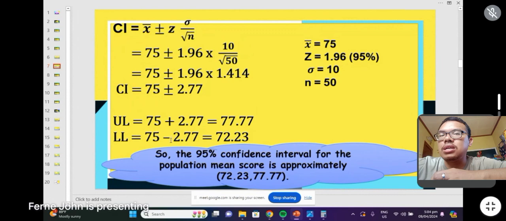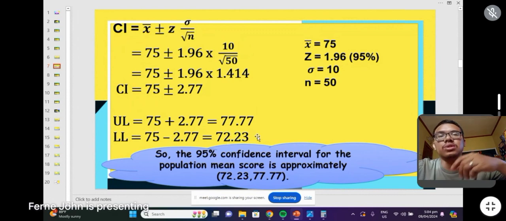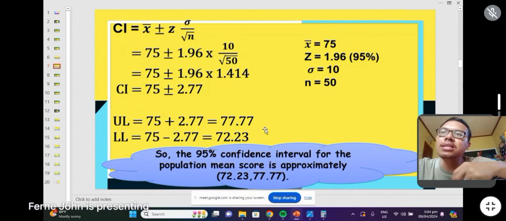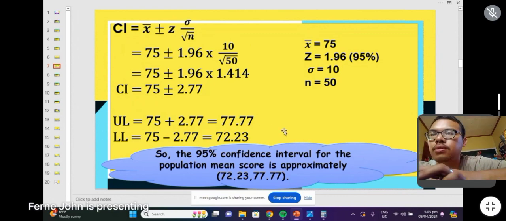And the next one is to find the lower limit. All you need to do is to subtract 2.77 from 75. So we have the answer, which is 72.23.